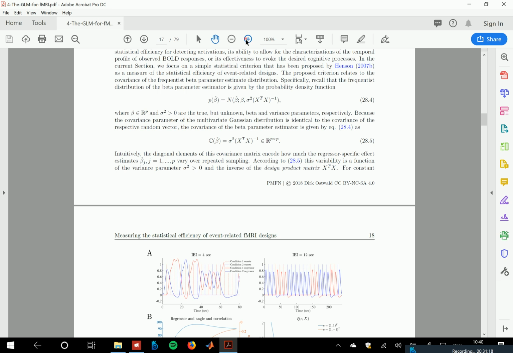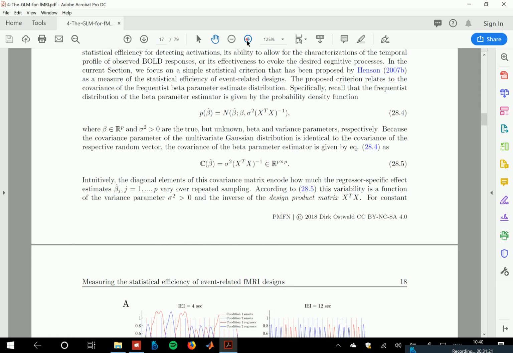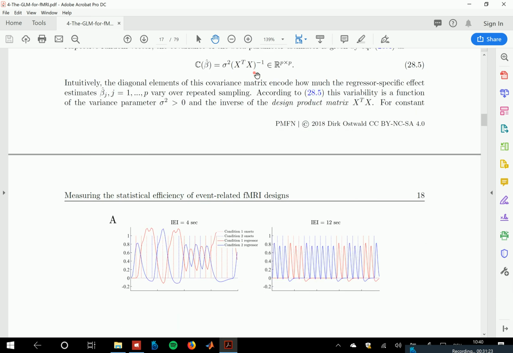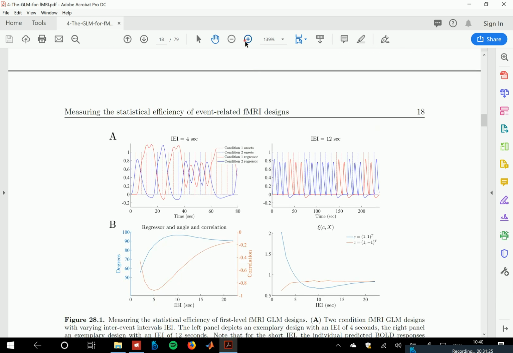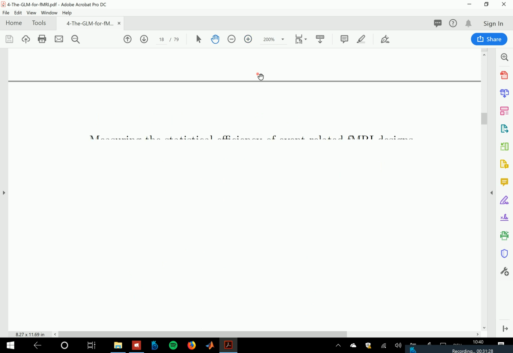So it's not completely just theoretical. It's actually fairly important from a practical perspective.